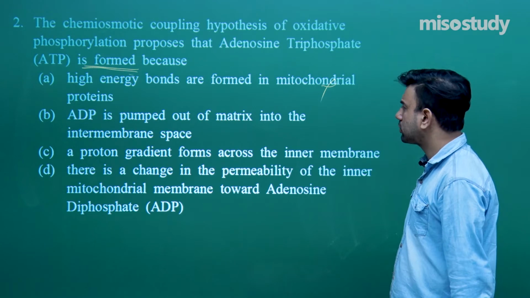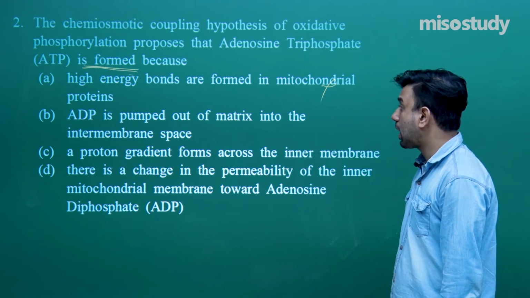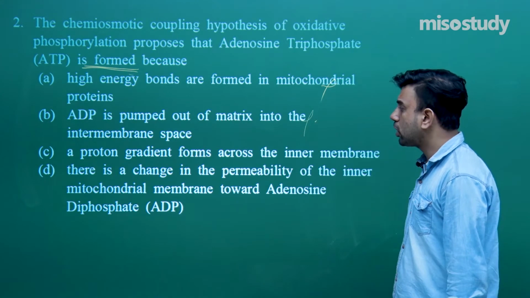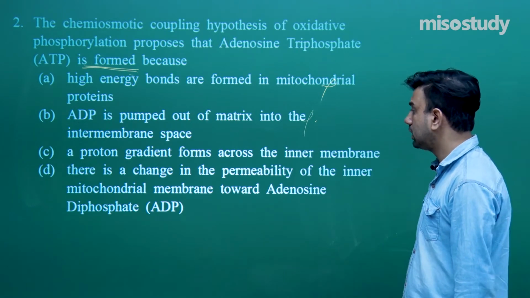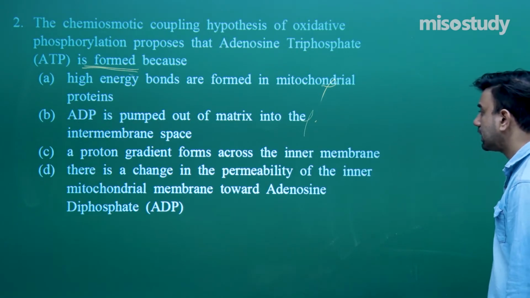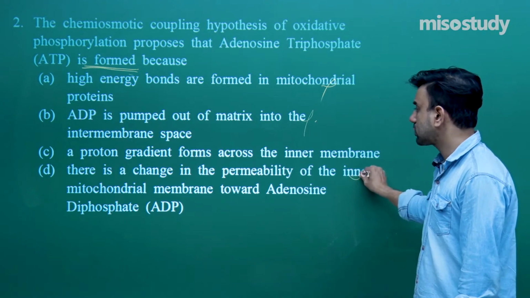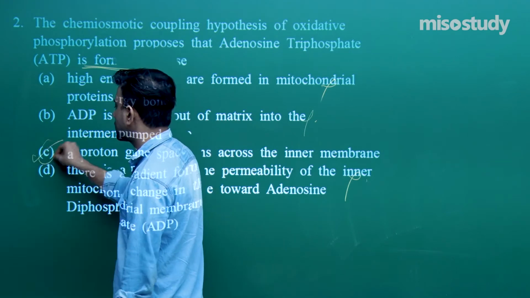The ADP is pumped out of the matrix into the intermembrane space. Not that. A proton gradient forms across the inner membrane. Now, this makes sense. Let us see the last one. There is a change in the permeability of the inner mitochondrial membrane towards ADP. Not actually. So the third option, C, will be the right option, and we will see how.